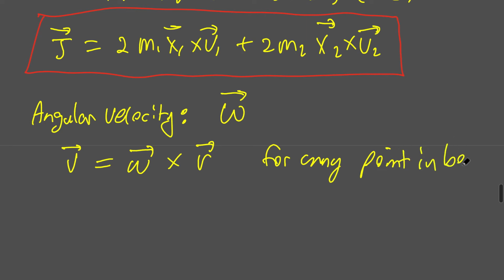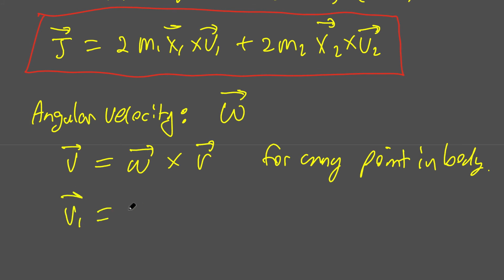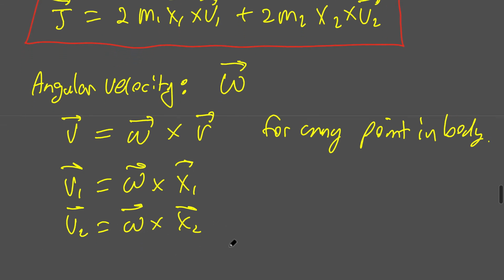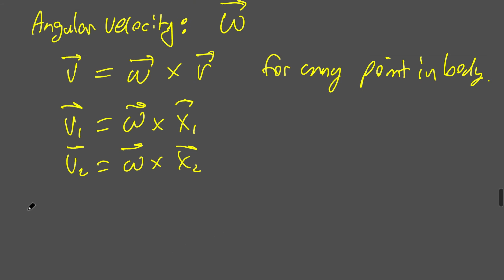So for the smaller masses, we have v1 equals omega cross x1 vector, and for the larger masses, we have v2 equals omega cross x2 vector. And of course, this equation applies to both of the smaller masses, 1a and 1b, and this equation to both 2a and 2b.